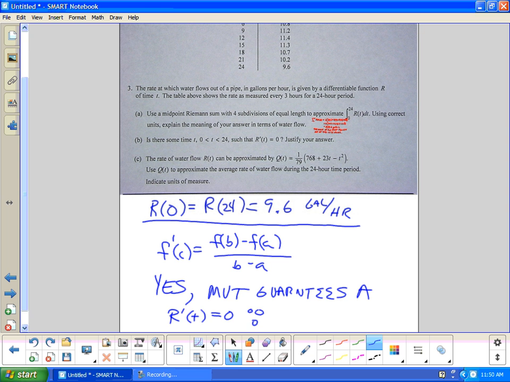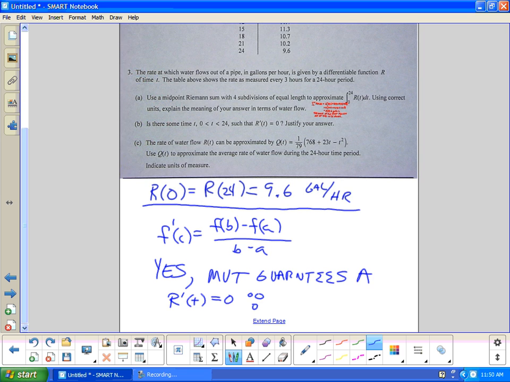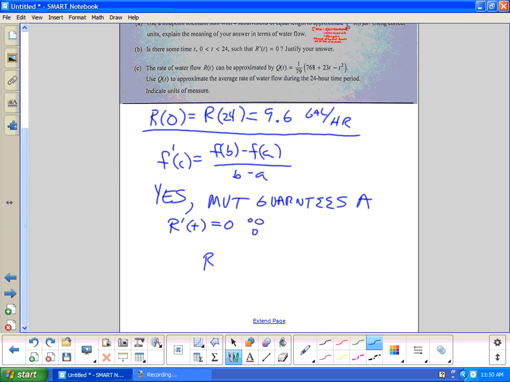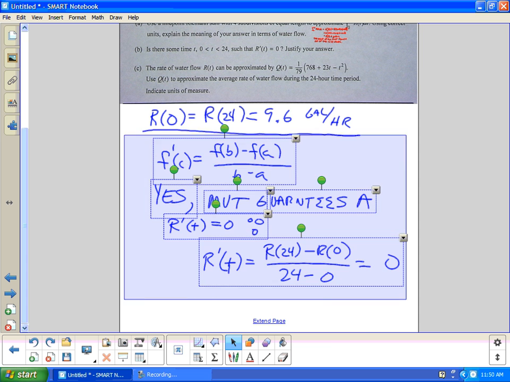Because I would write this, and this is not on the answer sheet, but I would write this. I would actually write out the mean value theorem showing those two values. I'd want to make sure I got this point. This is only 2 points then. Yes and the reason. All right?